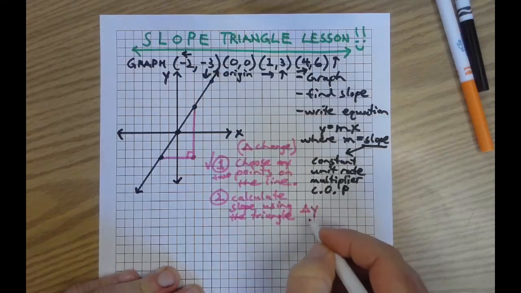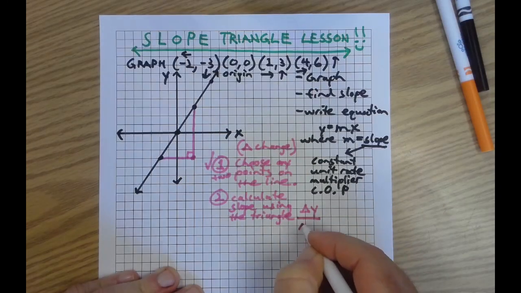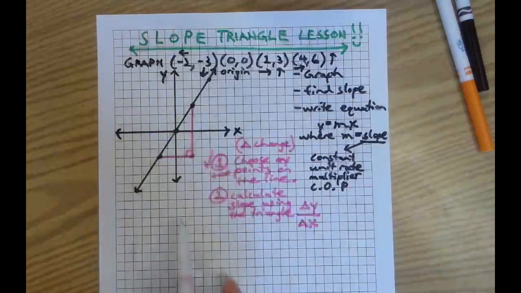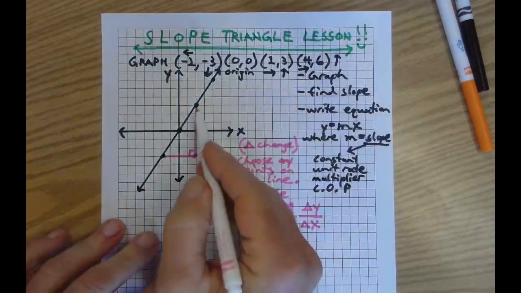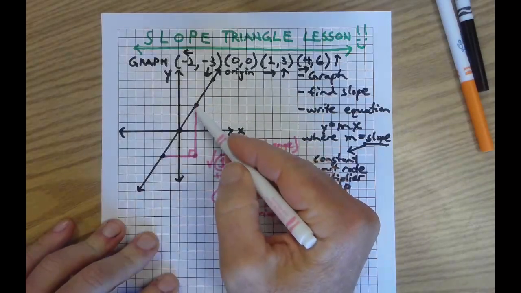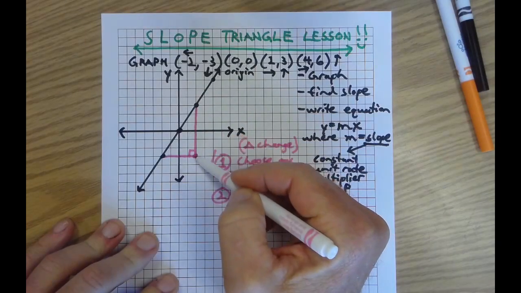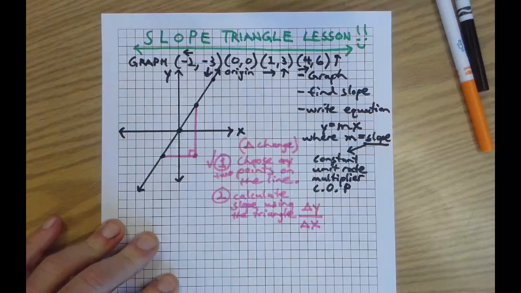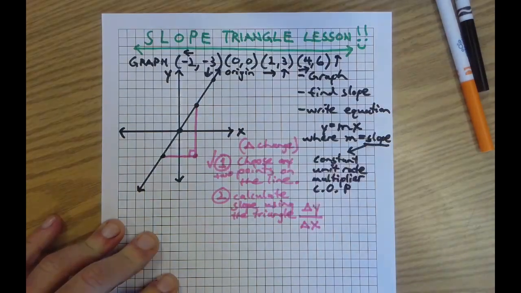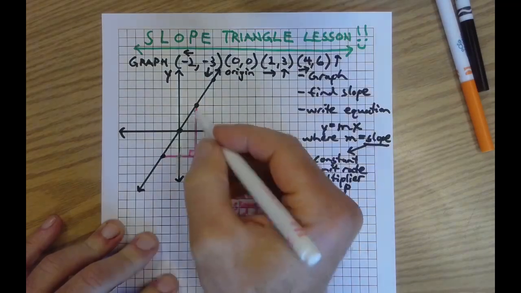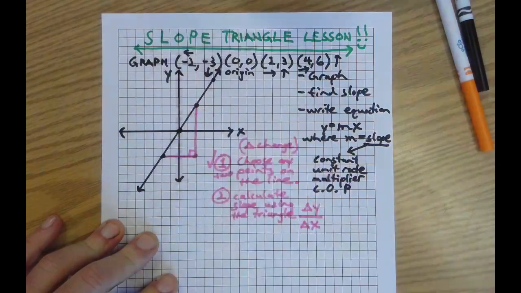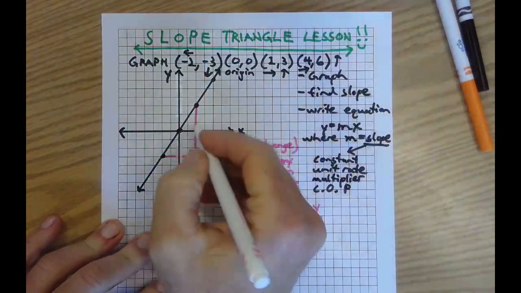It's the change in y over the change in x. So it's written as a fraction because we move 2 directions. So it can either change from up here to down here, or it can change from down here to up there, and it's just a distance. So think of absolute value. Okay, so we're not thinking negative for down and positive for up. We're just thinking how far is it.